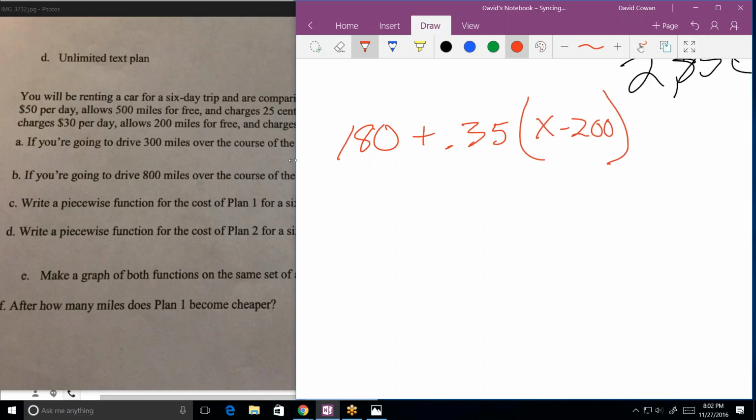That has to be equal to 300. We did this and it came out to be greater than 500 miles. Oh, I guess that makes sense actually.